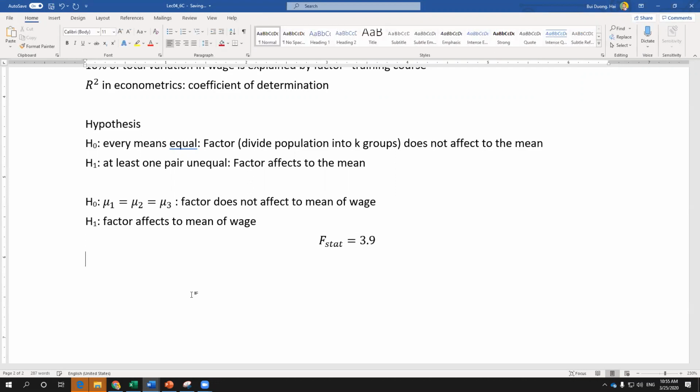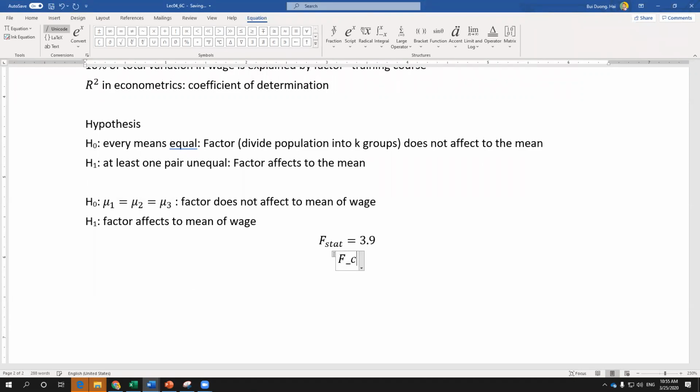I will calculate it. Now, F critical at 5% equals F of what? K minus 1, N minus K, and alpha. Therefore, equals F of 3 minus 1, 16 minus 3, 0.05.